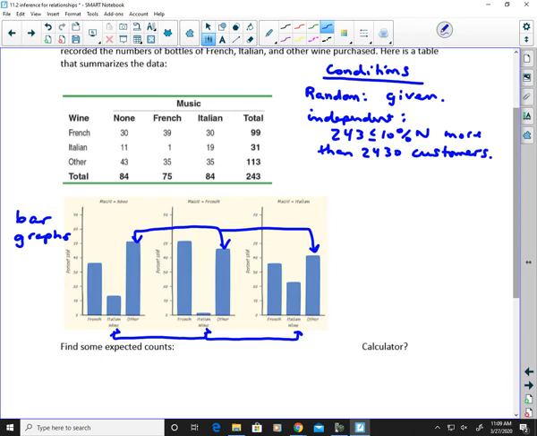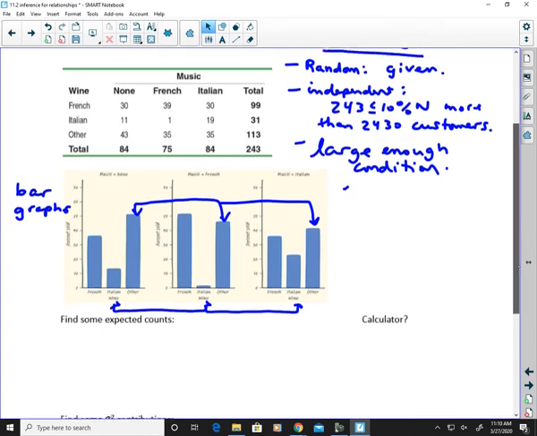That was check 1, check 2, but then check 3: is it large enough? Remember, that comes about by actually looking at the categories. Will these expected counts be large enough, over 5? Let's do some expected counts.